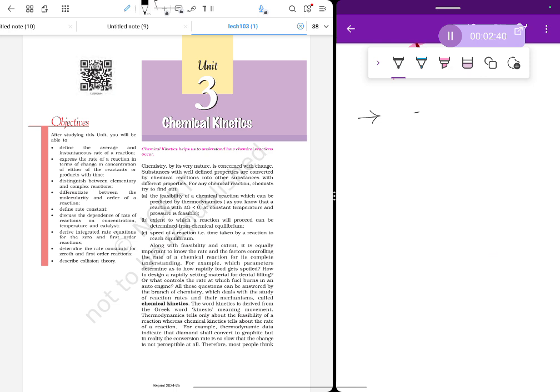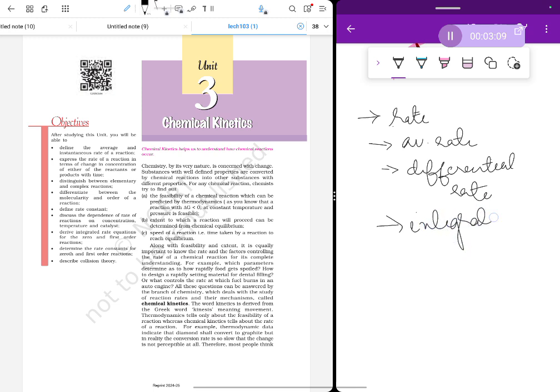So whenever you start a chapter, be ready with what all we will cover in it. You have to be aware of what is there in the chapter. For example, we will study the rate: what is rate, what is average rate, differential rate and integrated rate, then its time-related equations, and the temperature dependence like Arrhenius theory.